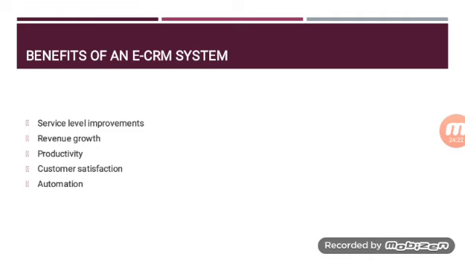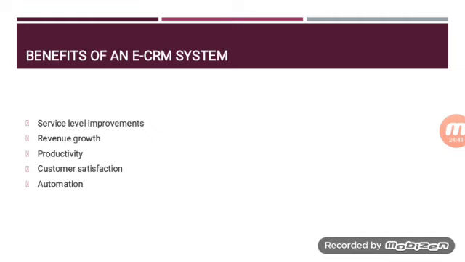So there are about 5 benefits we are going to look at today. The first one is service level improvement, which means when a particular business practices the eCRM system, the first benefit that they will acquire is service level improvement.